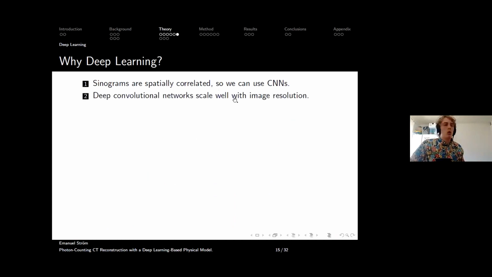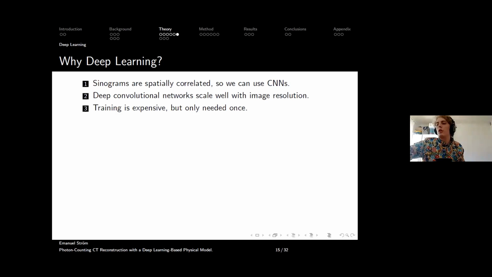And also these deep convolutional neural networks tend to scale very, very well with image resolutions, which means that if we get good results with our toy models, then we can most likely expect these results to translate into higher resolution images as well. Then training, you might say, okay, but don't we have to run this training step, which is also very expensive?